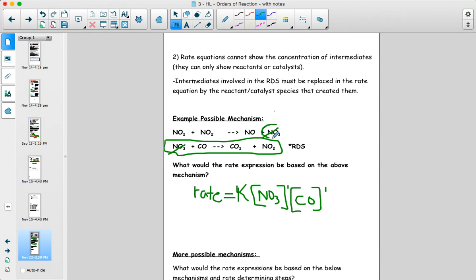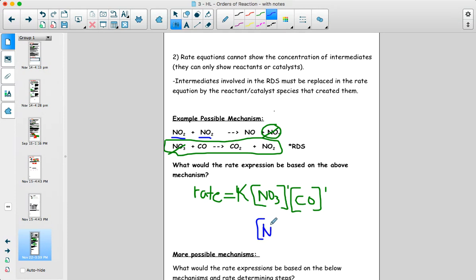Well, what formed NO3 was this step, so the amount of NO3 actually depends on this previous step. So I'm going to replace NO3 with the species that created it, and so instead of having just one NO3, I actually have NO2 used twice.